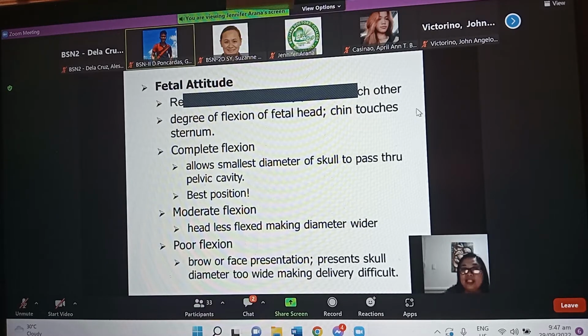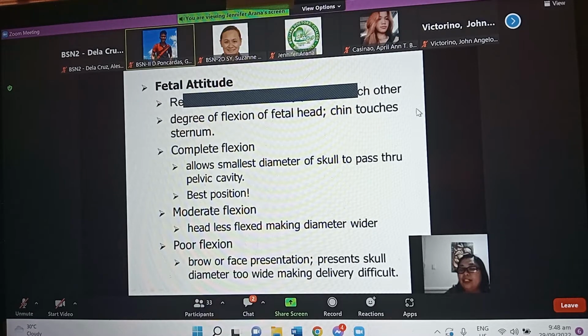In complete flexion, the baby is tucked in. It allows the smallest diameter of the skull to pass through the pelvic cavity. As mentioned a while ago, when the baby is in full flexion, only the 9.5 centimeter diameter first passes through the maternal pelvis. Thus, complete flexion is the best position.